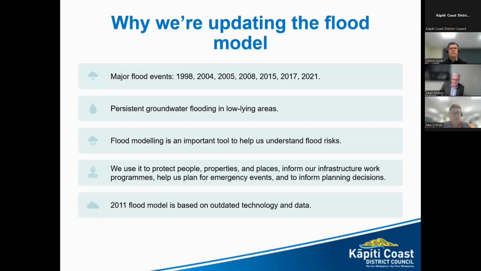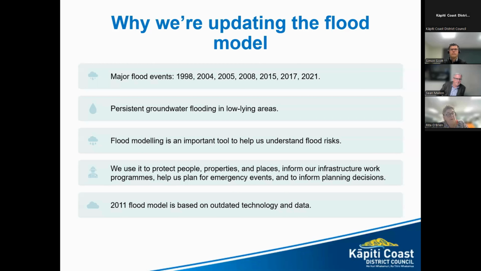For those that have been around in 2003 and 2015, here are some of the return periods for the recent events. So for the event that occurred on the 14th of May 2014, the spatial distribution of rainfall varied across the district. For example, in Waikanae, the return period for the rainfall was equivalent to a 6-year event.